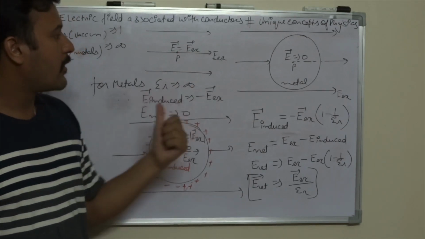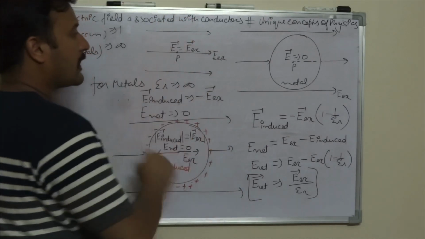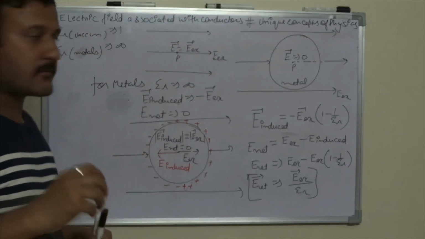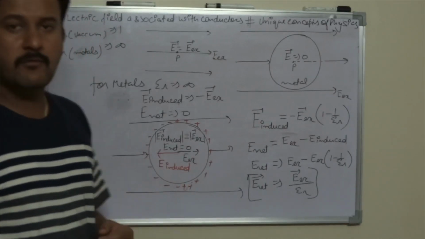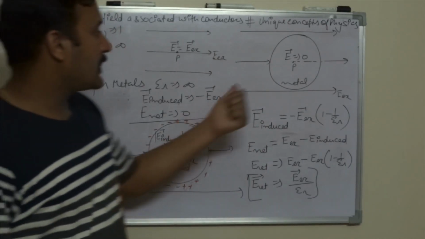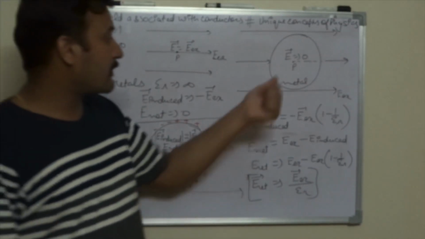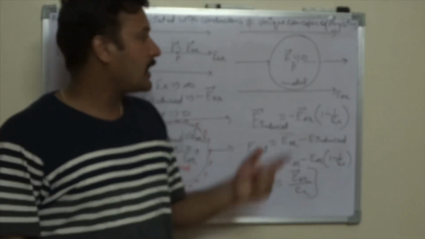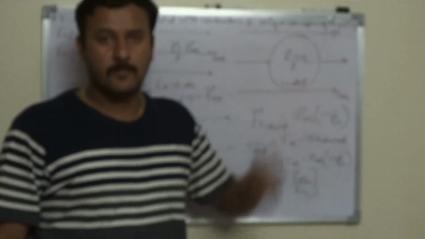Now if we put a metallic sphere here in such a way that P is the center of the sphere, then what will be the effect on electric field at P? So I would say, and you all know, that electric field at P will become 0.